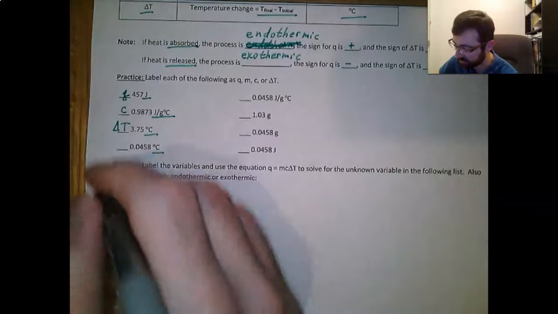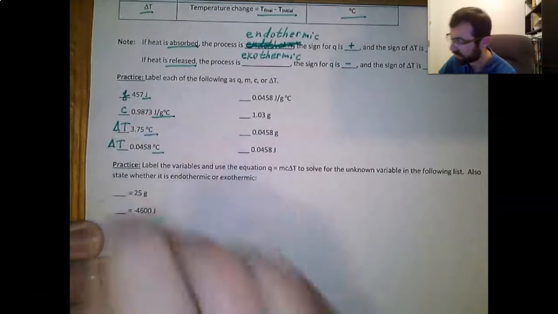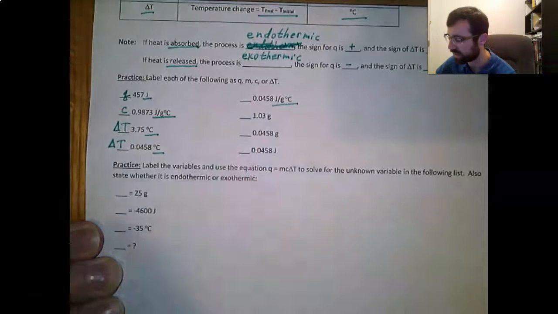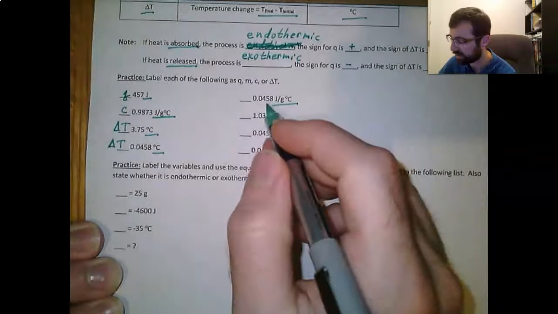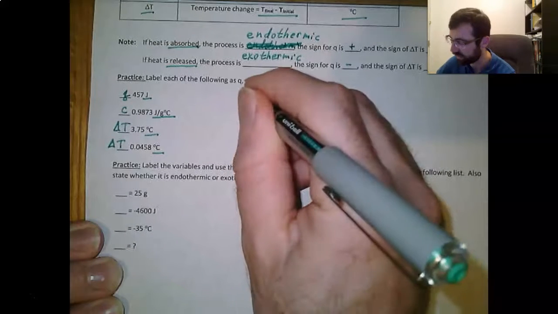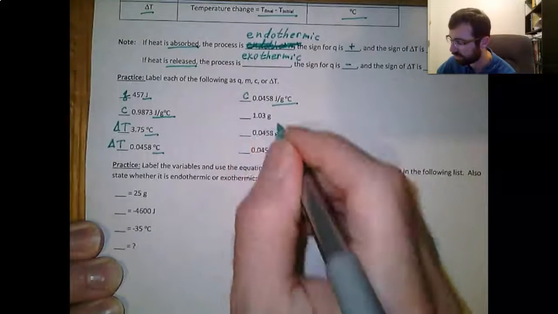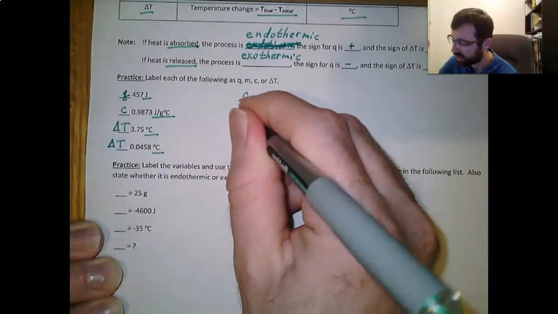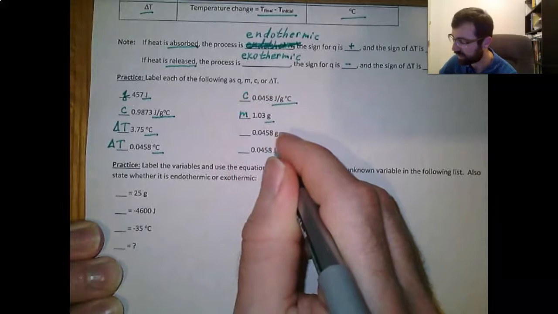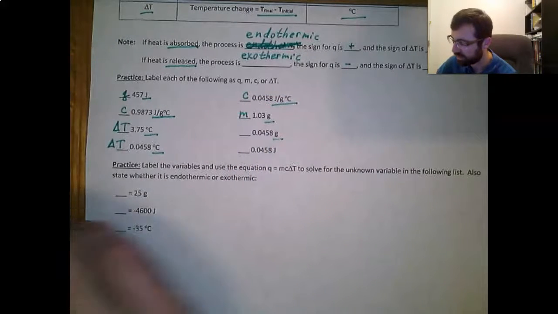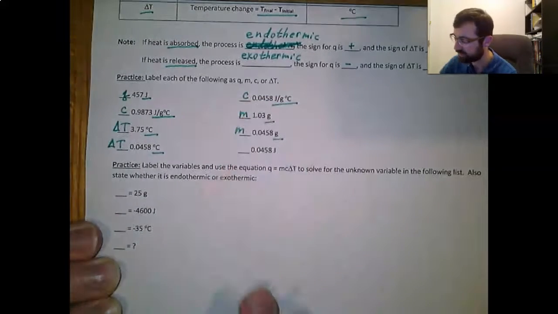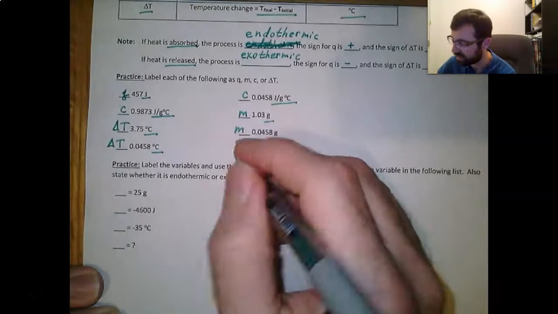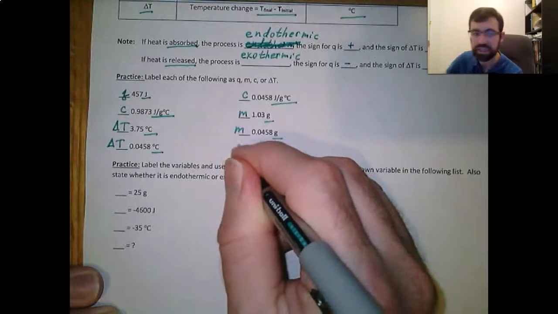Again, delta T. 0.0458 joules per gram degree Celsius. It's our compound unit for C. 1.03 grams. That's mass. 0.0458 grams. That's mass. And 0.0458 joules is Q for heat or energy.